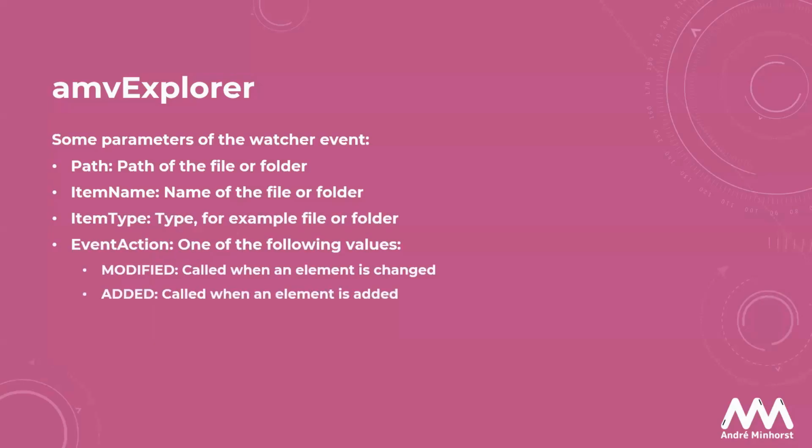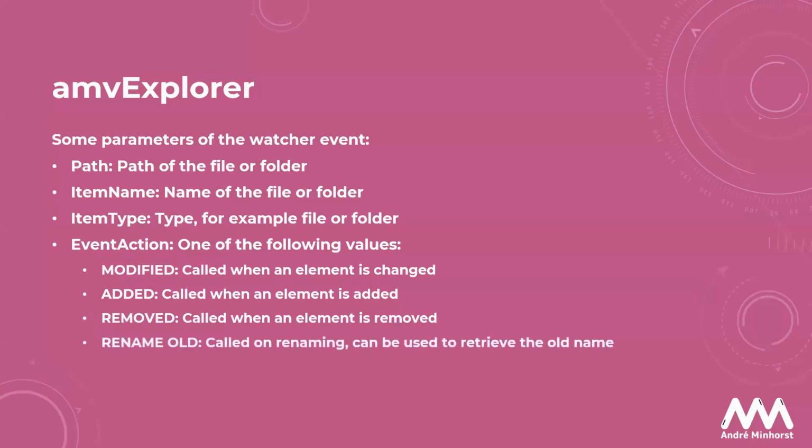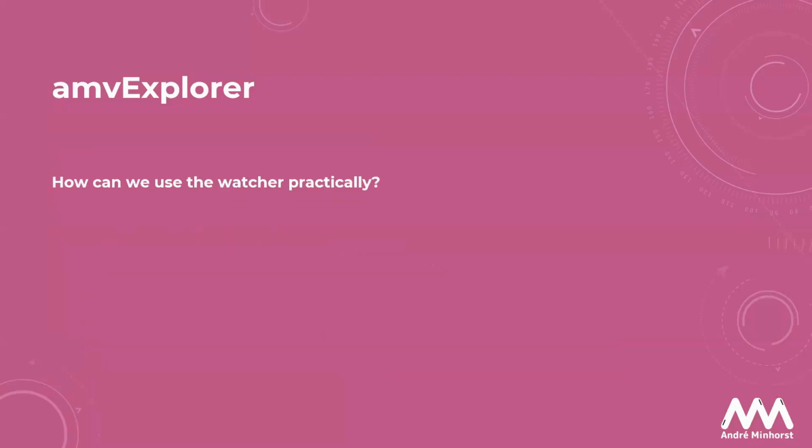Added is called when an element is added. Removed when an element is removed. And the rename old and the rename new event is called when we rename an element. And we need the rename old to get the old name and rename new to get the new name of this renamed element.